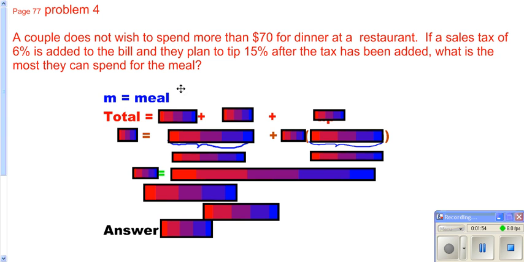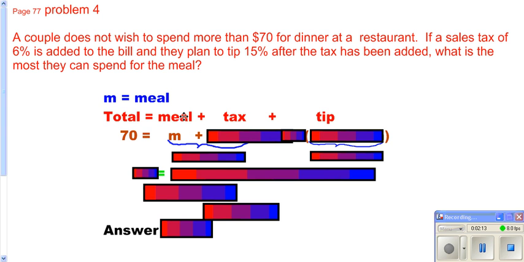Now, your total bill comes from three things: cost of the meal, the tax, and the tip. We know from up here that the total is $70. Our meal is just M, because that's what we're saying our meal is. We don't know the actual price yet.